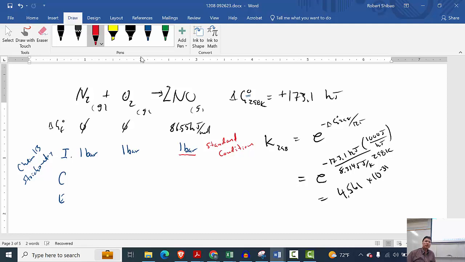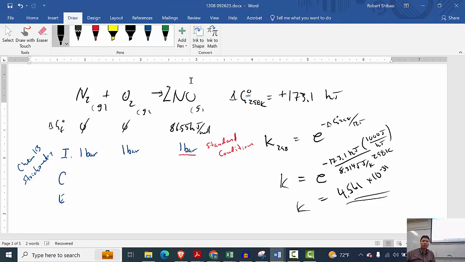Now, the direction of change we have to figure out. In this case, this equilibrium constant, K, heavily favors the reactants. And so I assume the change is going to go backwards, but I can't always assume it.